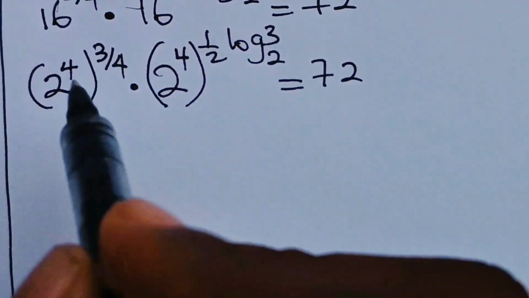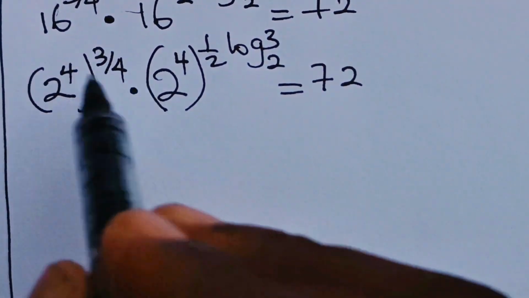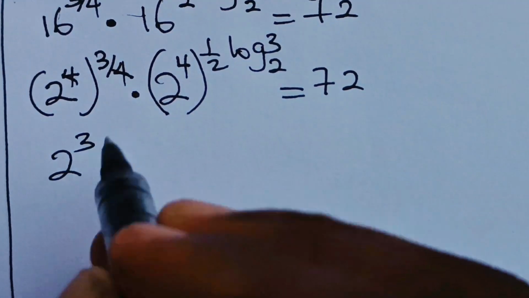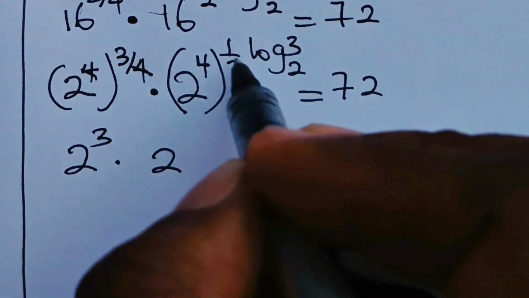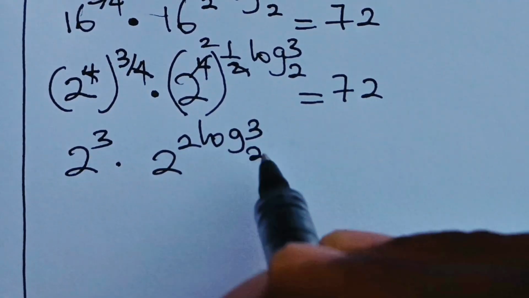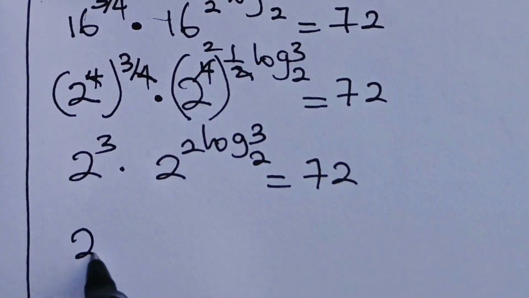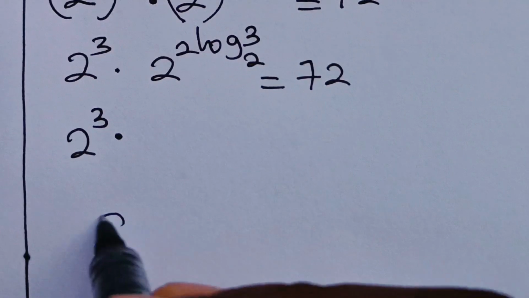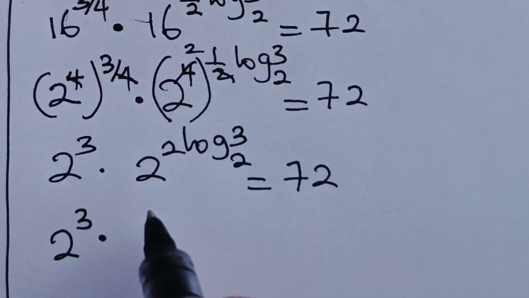Now when you have more than one power on a base, you can multiply them together. So we have 2 to the power of 3 multiplied by 2 to the power of 2 times half log 3 base 2, which is equal to 72. Let's take this to this place so that I don't confuse you.